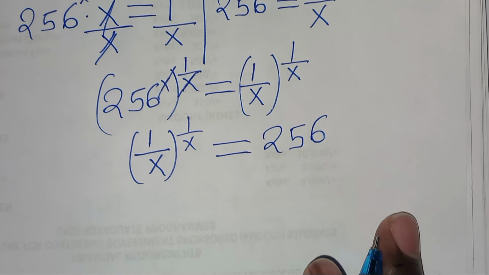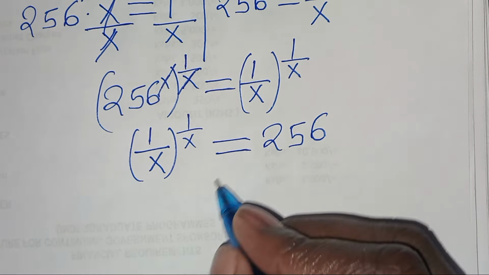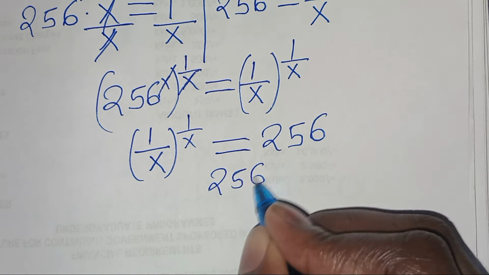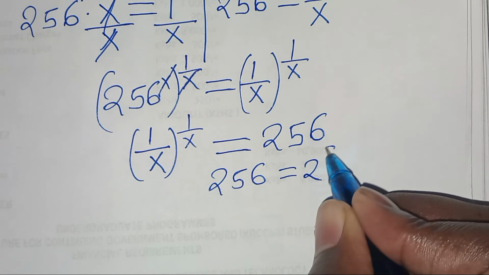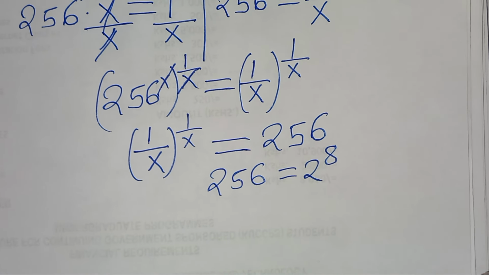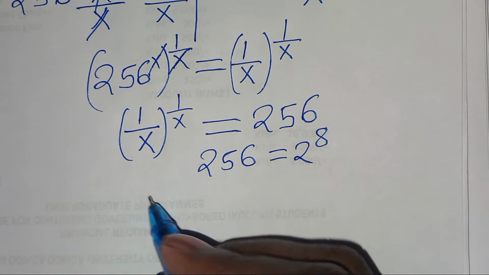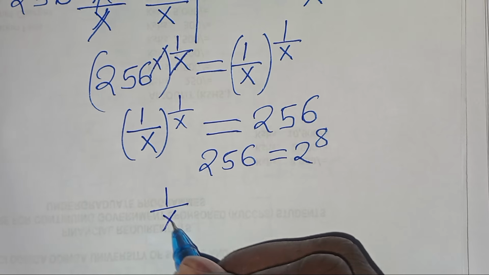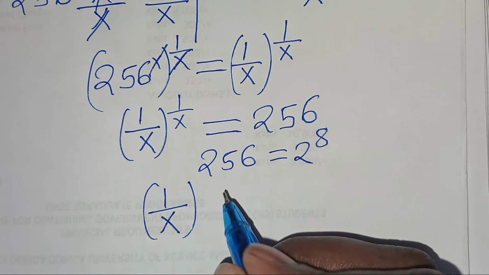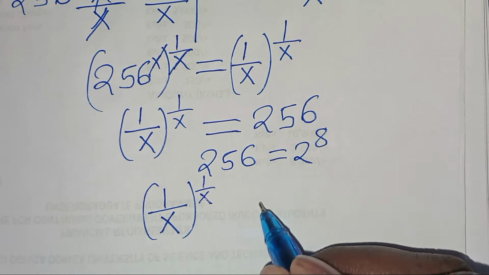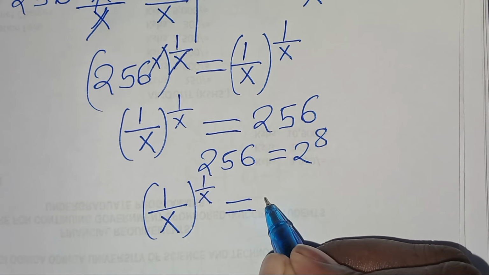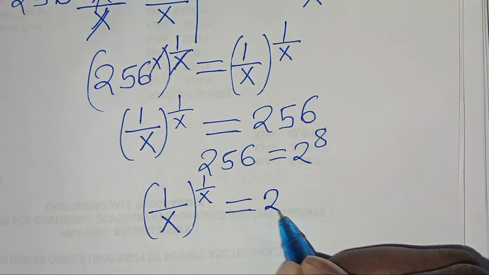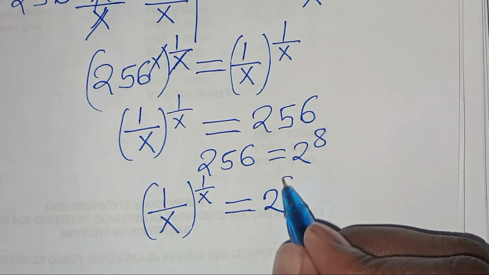So now we can express 256 as 2 to the power of 8. So this implies that 1 over x raised to the power of 1 over x is equal to 2 to the power of 8.